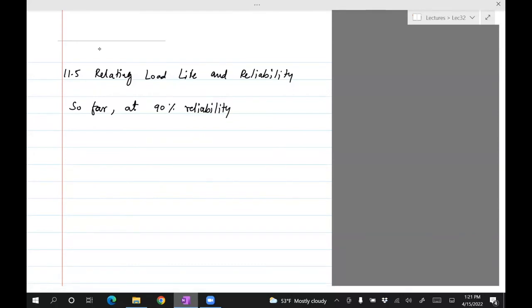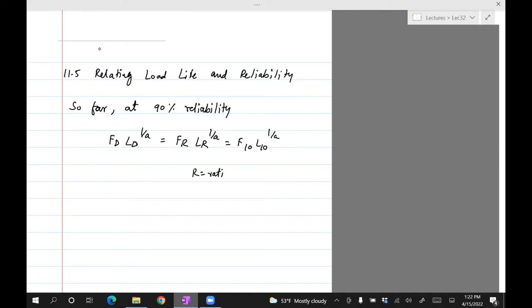reliability, FD LD to the 1 raised to a equals FR LR to the 1 raised to a, where R is the rated, which we also wrote as F10 L10 to the 1 over a.